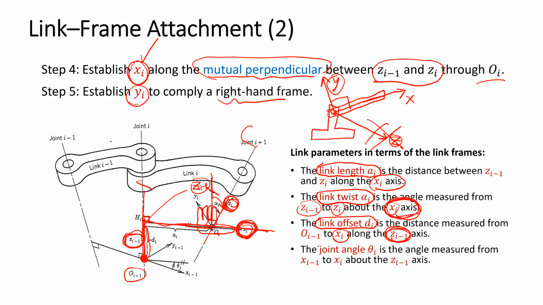The joint angle is the angle difference between the direction of xi-1 and the direction of xi.